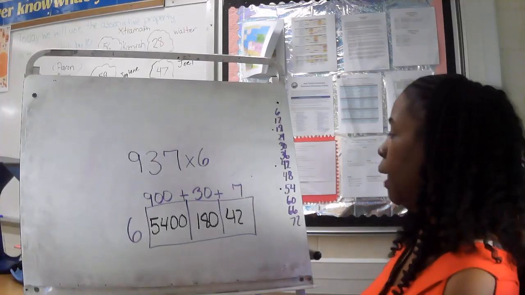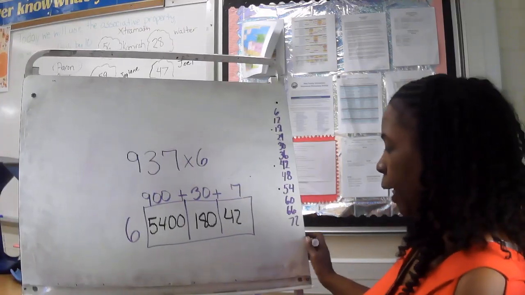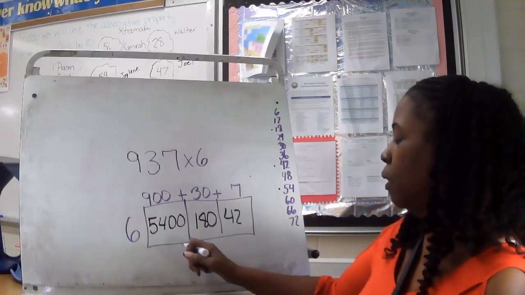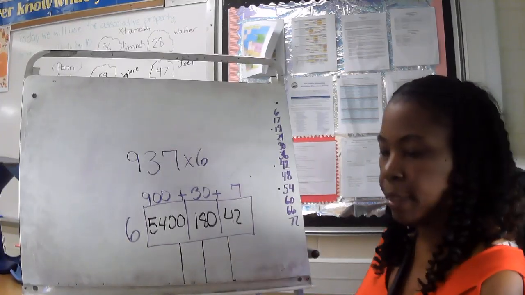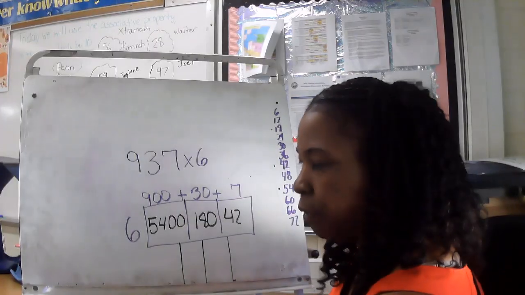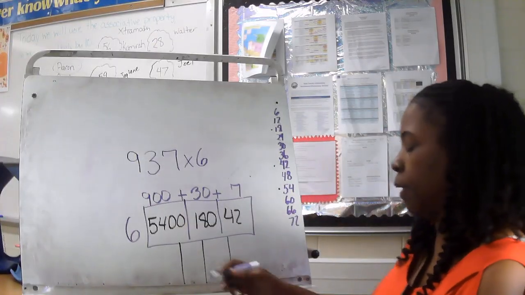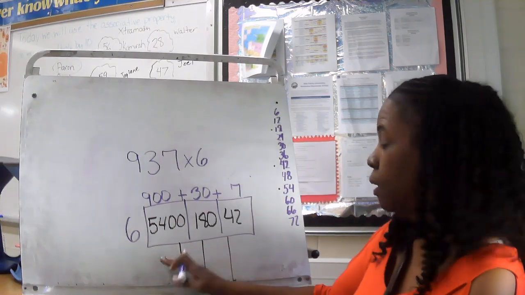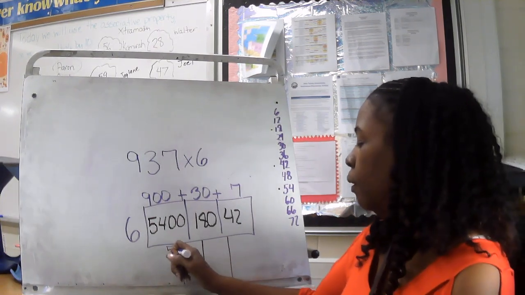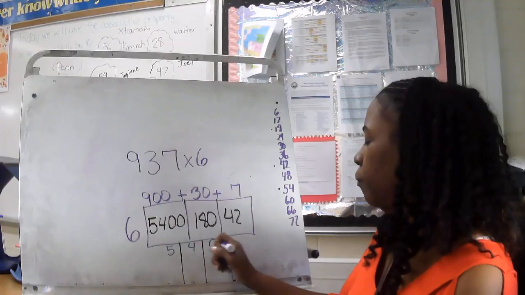Okay? Now we're going to add up what we have. So I'm going to do my 3 lines so I can have it nice and neat, everything in its own place value. So this is my ones, tens, hundreds, thousands place. So I have my 5,400.